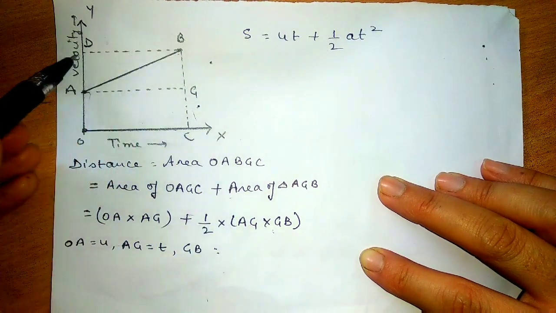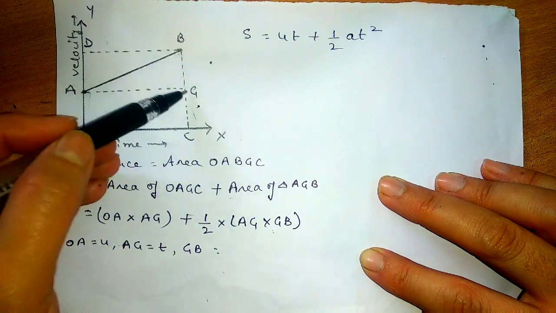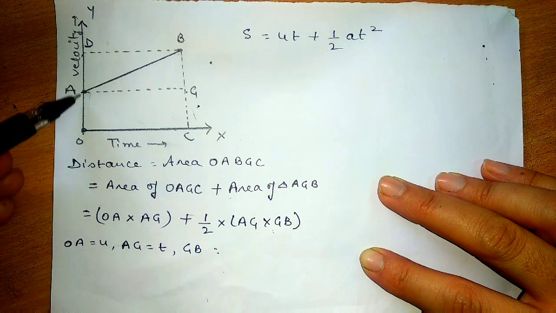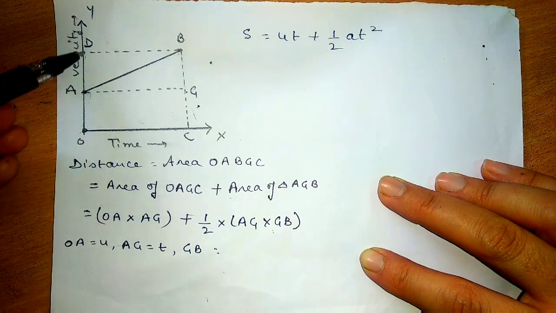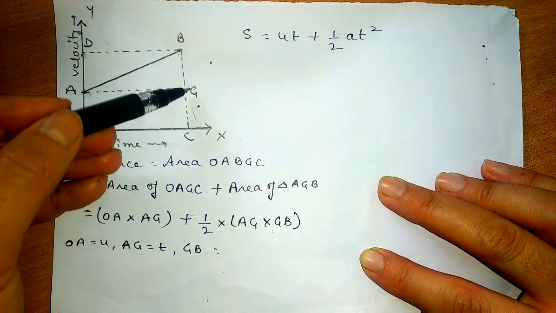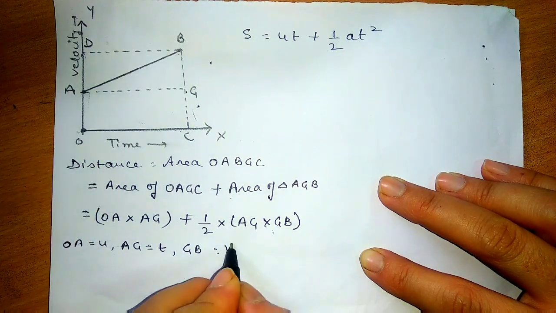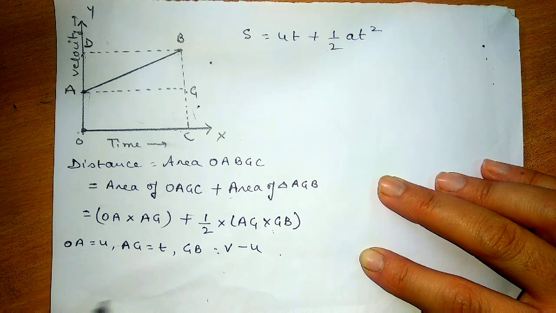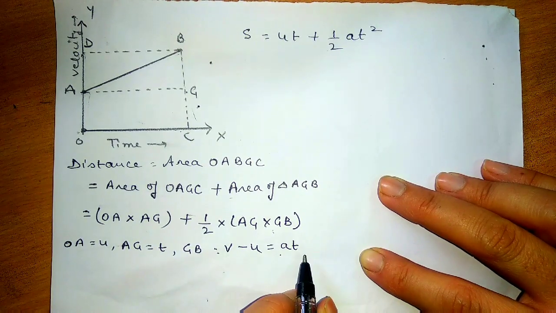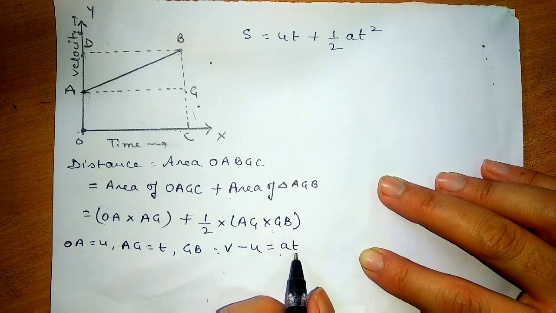We have discussed in the previous first equation that GB is the final velocity minus the initial velocity. That means if I subtract AO from DO, we get GB. That means BC minus GC. So it is final minus initial velocity, and final minus initial velocity, we know, is equal to AT. First equation of motion, V minus U is equal to AT.